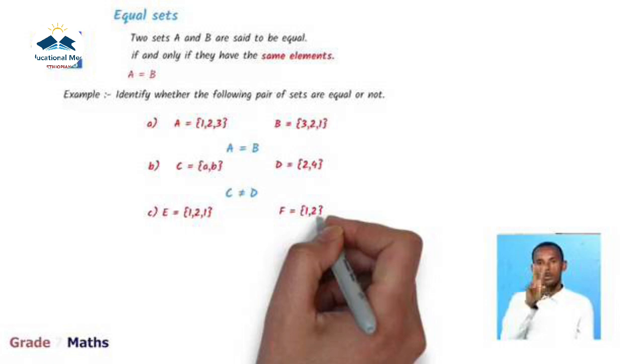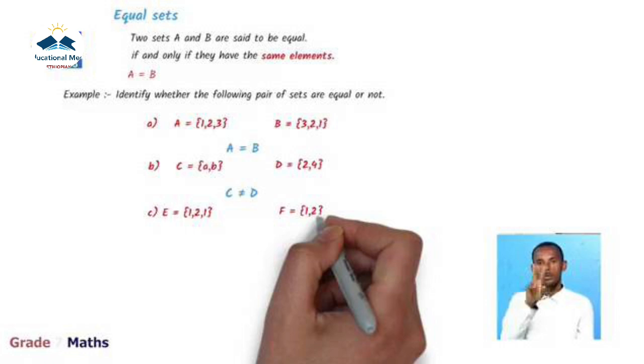Students, have you tried the question? Very good. Now, let's see the answer together. Set E contains the elements 1, 2, 1. Repeating the elements in a set doesn't add an additional element. Therefore, this set means the same as 1, 2.